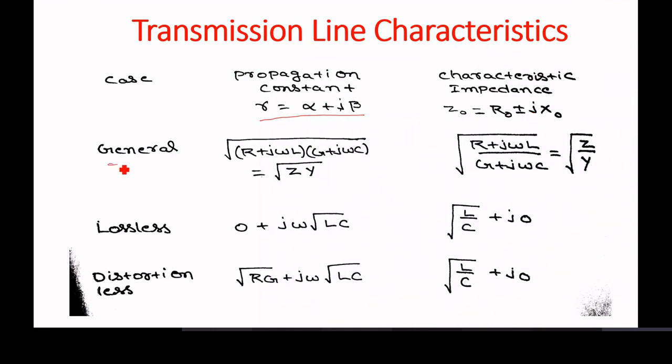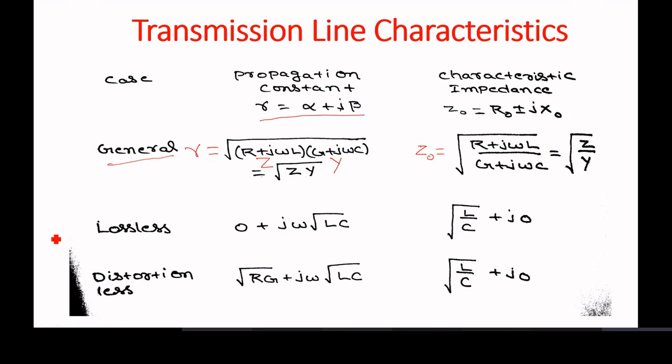For a general transmission line, gamma is square root of (R plus j omega L) into (G plus j omega C), or square root of Z into Y, where Z is the impedance part and G plus j omega C is the admittance part. Similarly, the general expression for the characteristic impedance is square root of (R plus j omega L) by (G plus j omega C), that is square root of Z by Y.